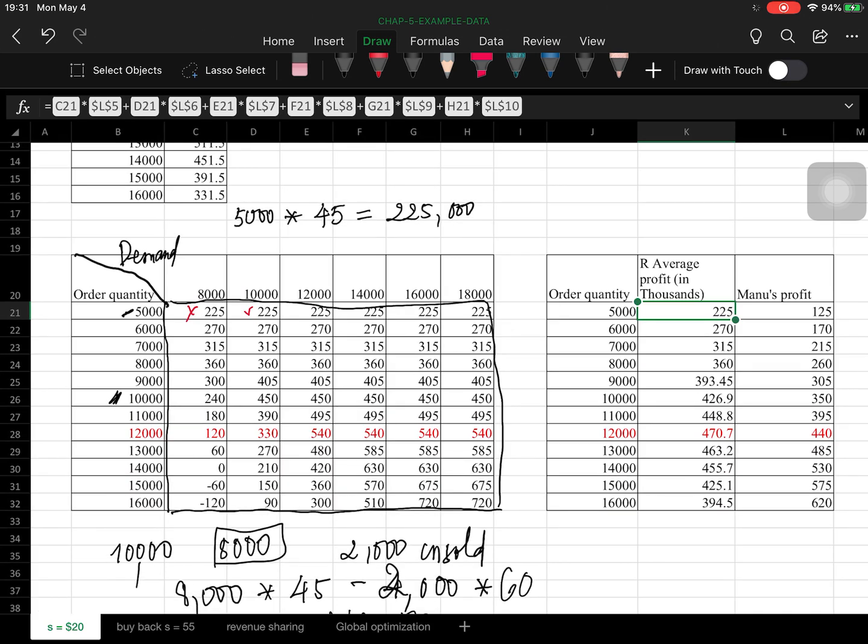And after you calculate the average profit of the retailer in all cases, you can see if they order 12,000, they can get the highest profit, that is 470,700, with the quantity of 12.